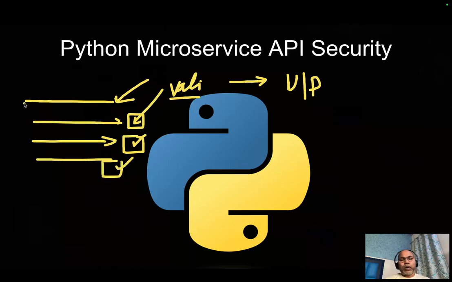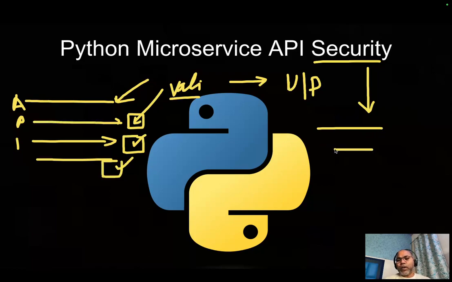So all the APIs we expose have some level of security. First, my API is accessible to everyone, with no authentication or authorization required. Second, I have an API that can only be accessed by a valid user, meaning they provide their credentials, username and password, and then the valid user can access my API.